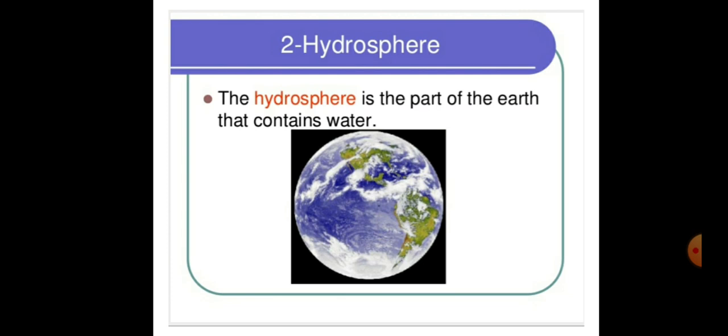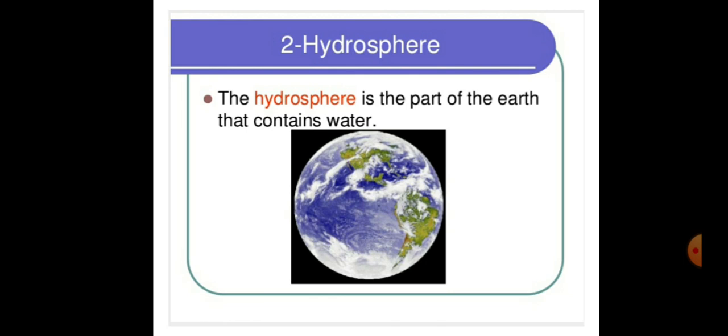See, about 71% of the earth's surface is covered with water. You must have heard always that more than 70% of the earth is covered with water.